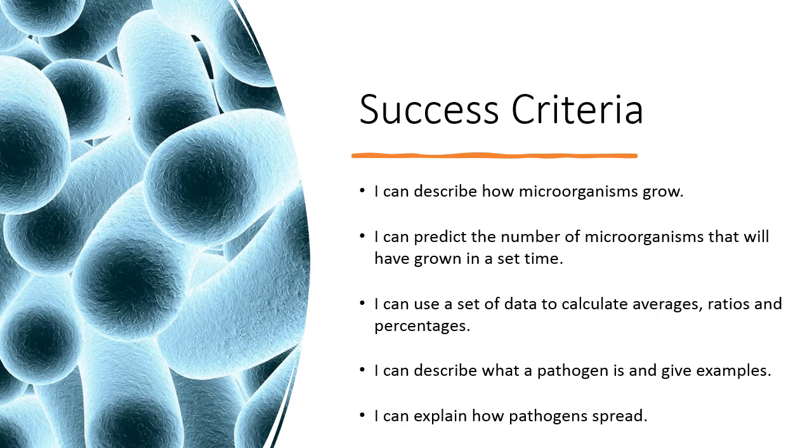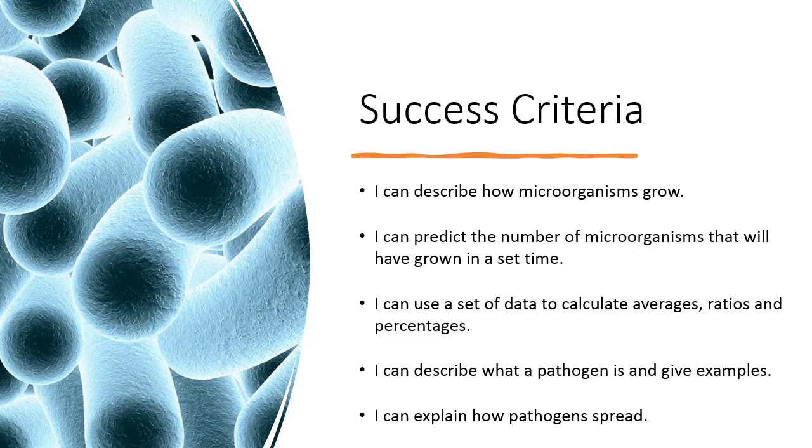Okay, that's us covered everything that we need to look at this week. The success criteria: to know that you've been successful this week, you should be able to describe how microorganisms grow. You can predict the number of microorganisms that will have grown in a set time using that doubling calculation. You can use a set of data to calculate averages, ratios, and percentages.